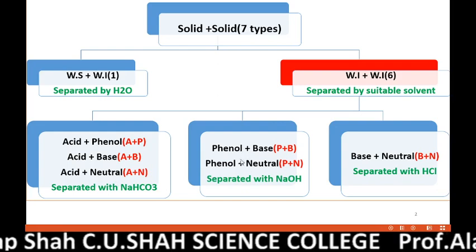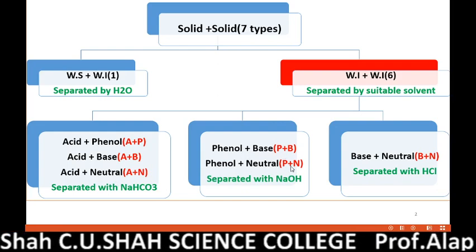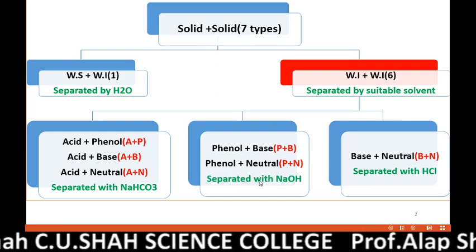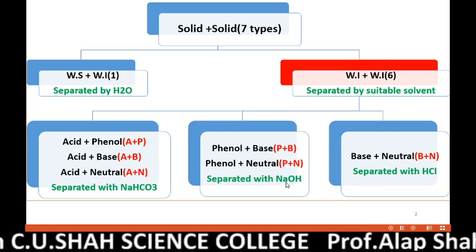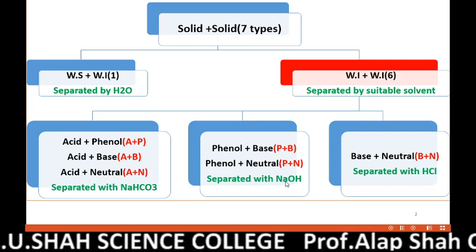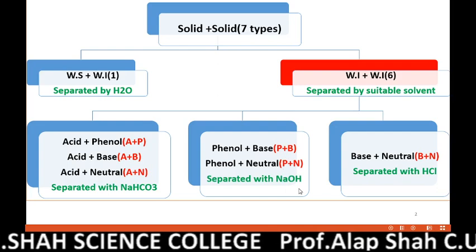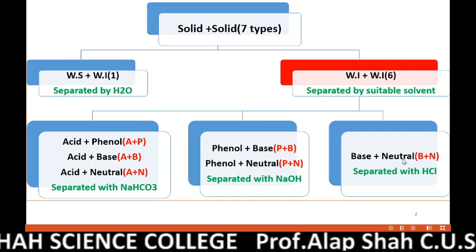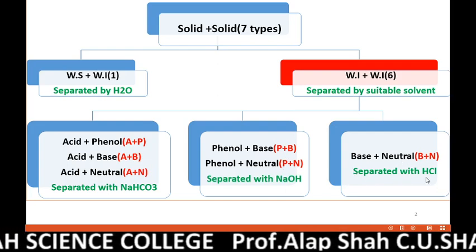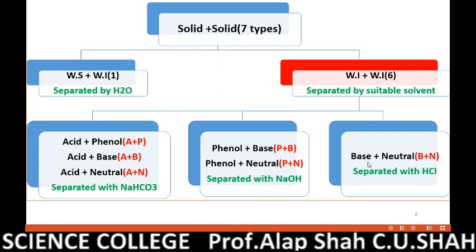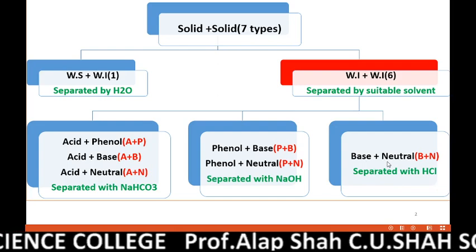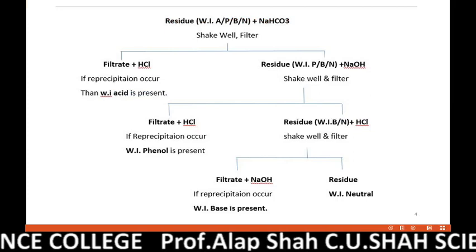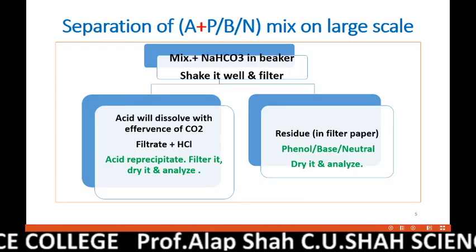Phenol plus base, phenol plus neutral, that is P plus B, P plus N, can be separated by NaOH because phenols dissolve in NaOH, base and neutral do not. And base and neutral, such a mixture can be separated with HCl as base can get dissolved in it, neutral not. So I hope that you must get the idea.